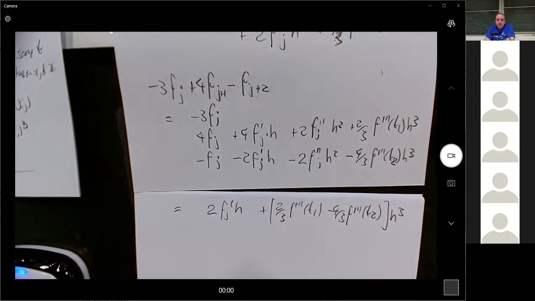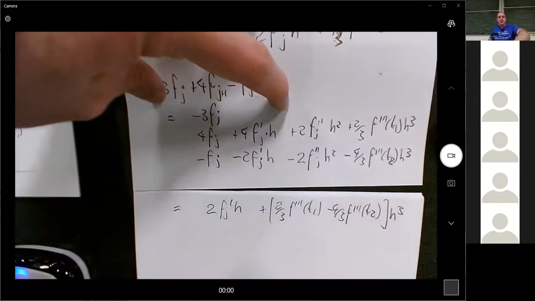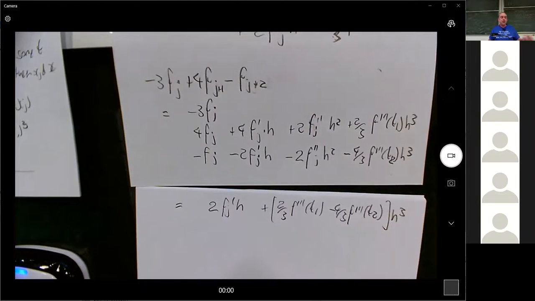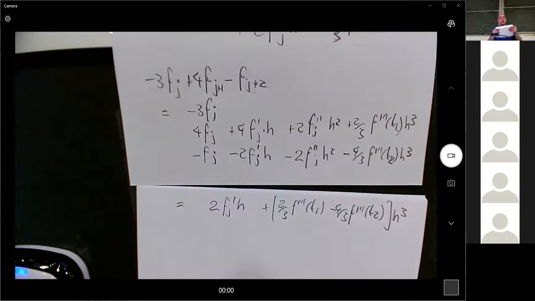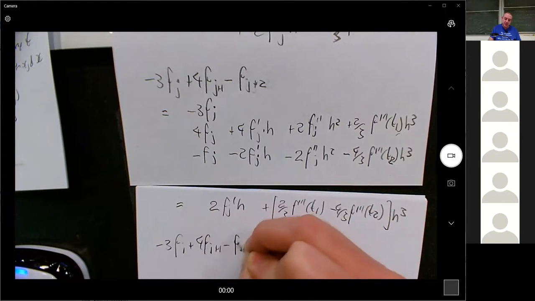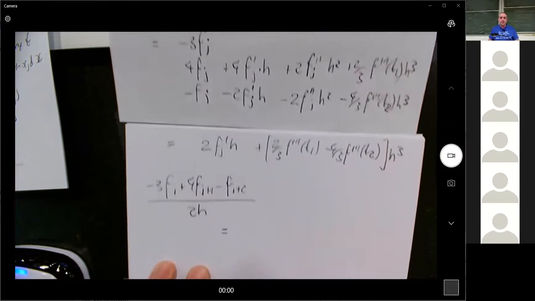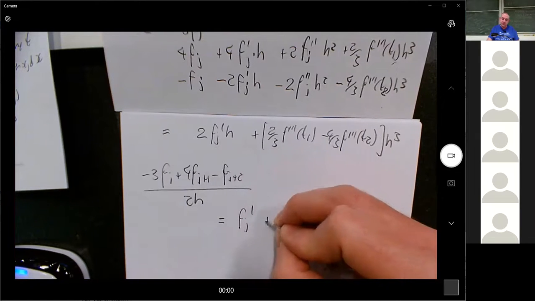So now I have this thing here is equal to this thing here. And so the thing I actually want is this divided by 2h. So I'll divide both parts of this equation by 2h, and I'll get minus 3fj plus 4fj plus 1 minus fj plus 2 over 2h is equal to this divided by 2h, which is fj dashed.